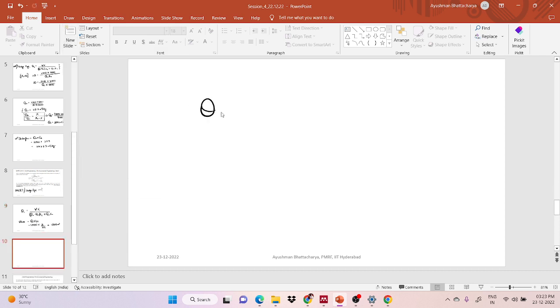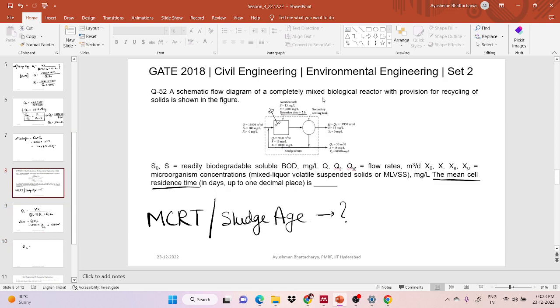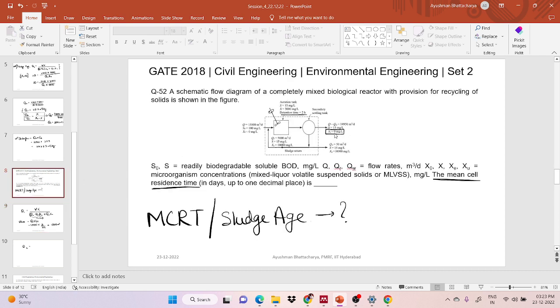Now if we have to calculate theta C, one more catch: Q in the effluent, Q XE, they have mentioned it as 0. So this whole term will become 0, because the microorganism concentration in the effluent is near 0, they have mentioned.